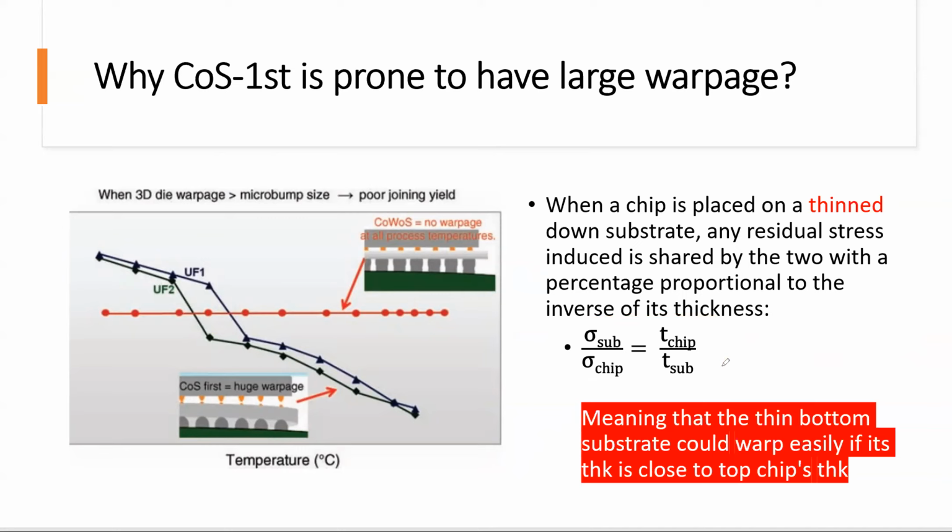The substrate feels the stress and it will bend, so it will be warped easily. If the thickness is comparable to the chip being placed, the learning is, wow, that's not good. So that's the reason they put on a thick wafer, right? Here is your CoWoS, chip on wafer on substrate, not chip on substrate. This is much thinner and this is much thicker.